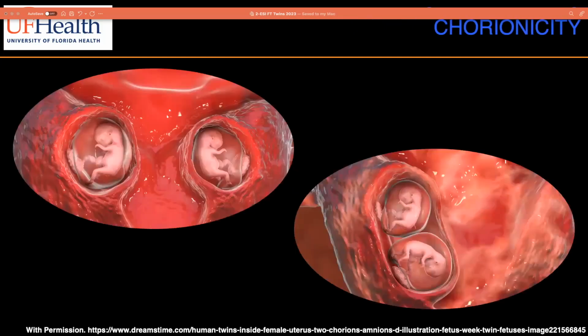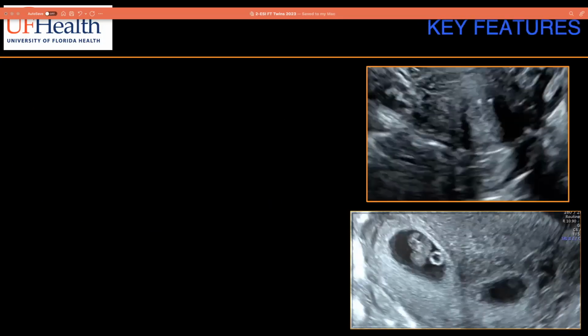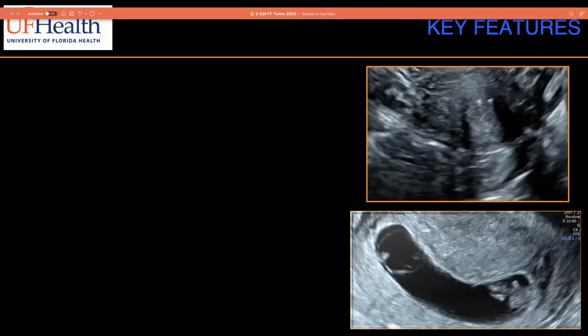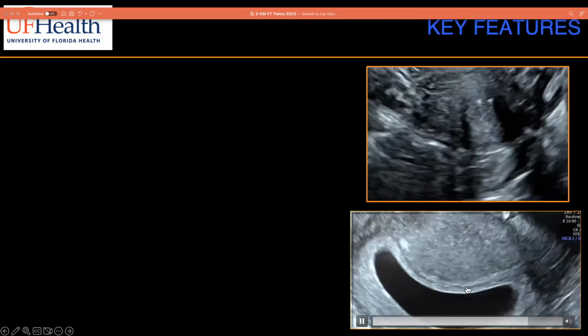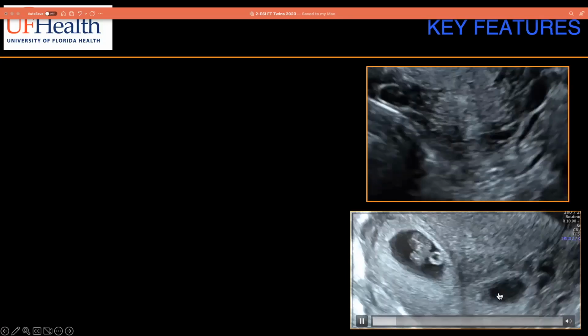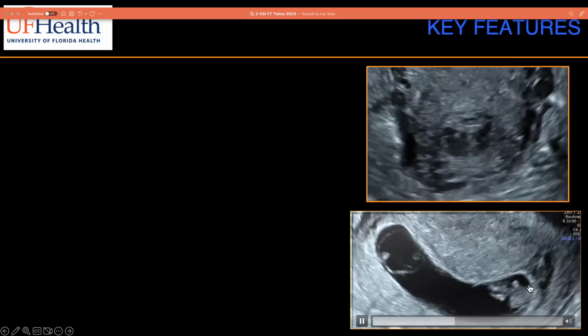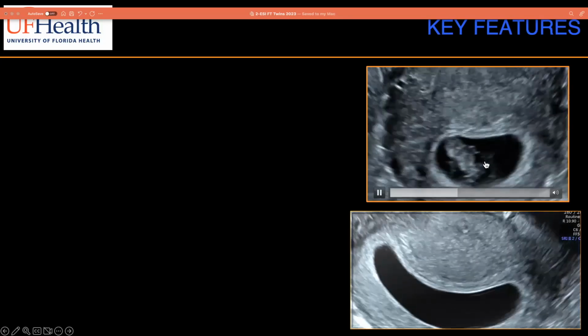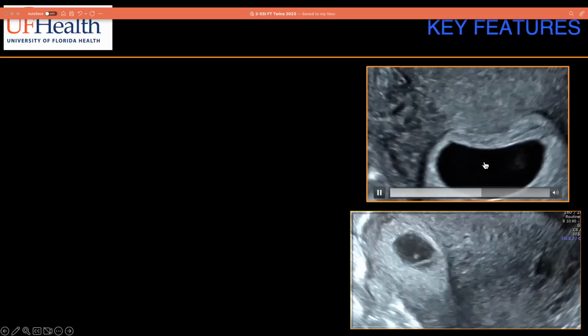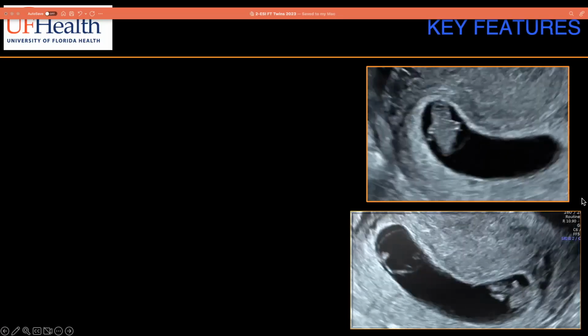Chorionicity can be well established in the first trimester, much better than at any other point in gestation, and it's not always as clear as we see in this schematic here. So some key features as you sweep through, you see with these two twins, you don't see any big separation between the two, yet you see two distinct yolk sacs. Same here, one yolk sac, and there is another yolk sac right there.